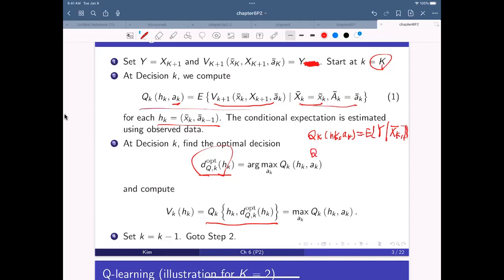So that's another way. Basically, we just use the outcome to compute the Q function, but the outcome should be carried backward with the best decision at the time.